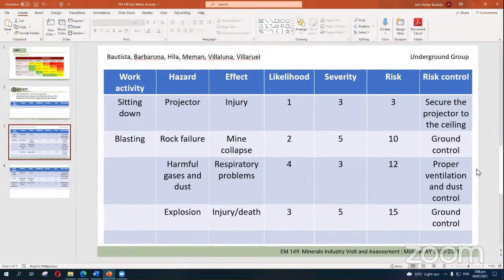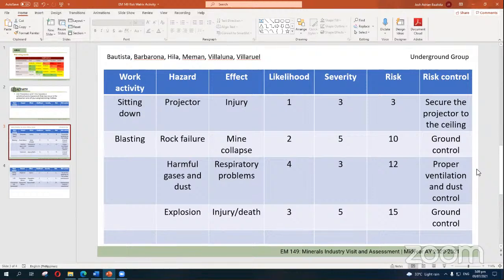So, very important talaga ang mine geomechanics, rock mechanics pagdating sa underground mining, especially since we're working in a very cramped space, so a failure of a certain portion would be quite catastrophic. Okay, so explosion, injury, or death. And you could also add here aside from ground control, but I think you mentioned this while you were explaining, yung pagsunod sa mga protocols.